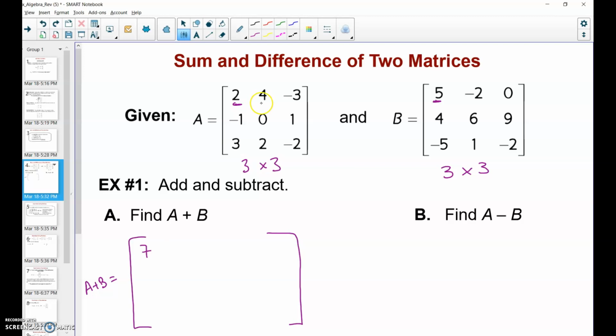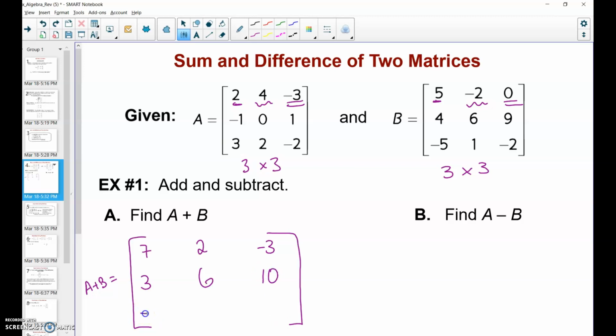Then I'm adding 4 and negative 2, which gives me a positive 2. I'm adding negative 3 and 0, which gives me a negative 3. Now we're going to go down to the second row and add those numbers again. Negative 1 and 4 gives me a 3. 0 and 6 is a positive 6. 1 and 9 is 10.